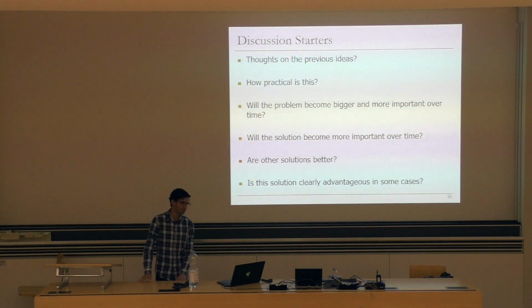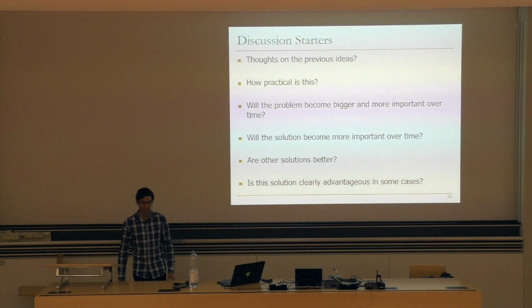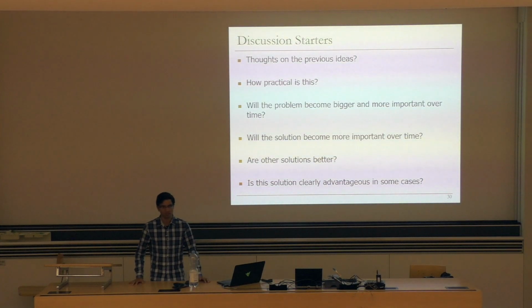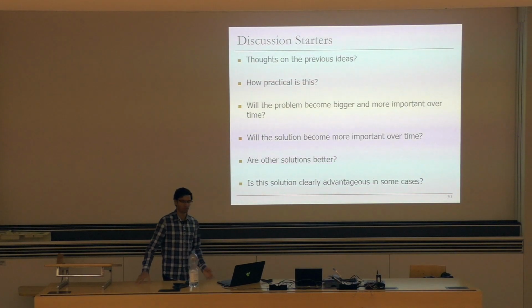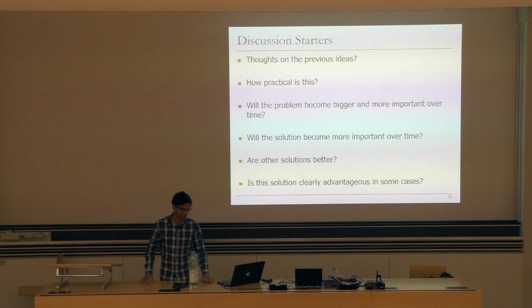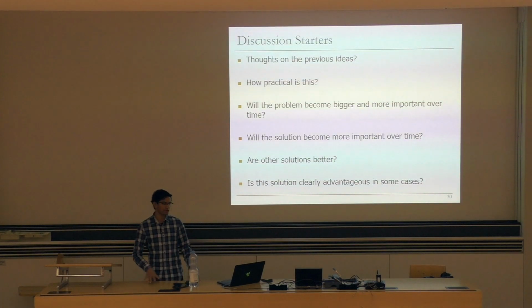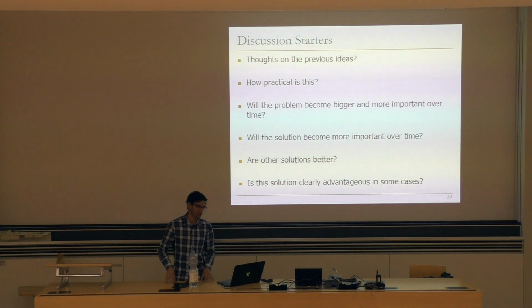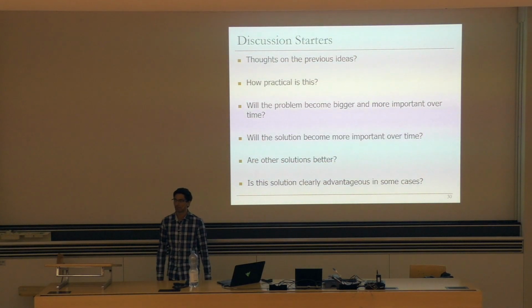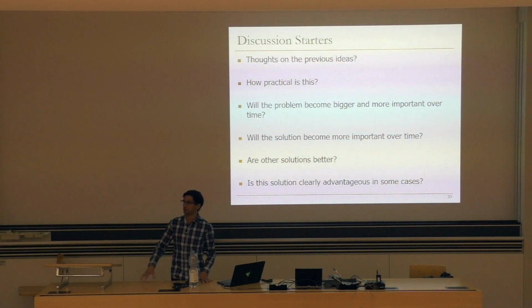Yeah, fair enough. And then finally, is this solution clearly advantageous in some cases? It's very generally worded, but one thing you can read from this is that we have all these different solutions that have different trade-offs. Is there one or maybe a few use cases you see where this type of mechanism is the best type to be using, or at least a very good fit relative to other ones?